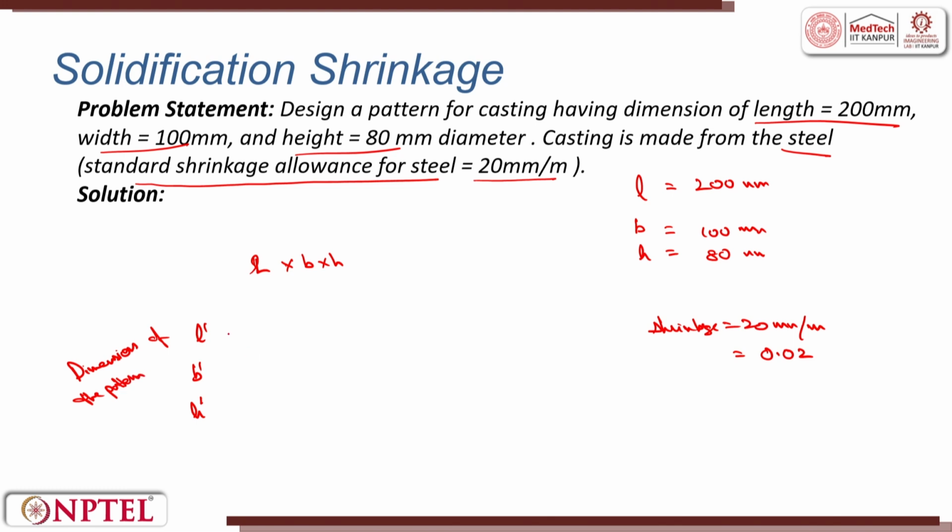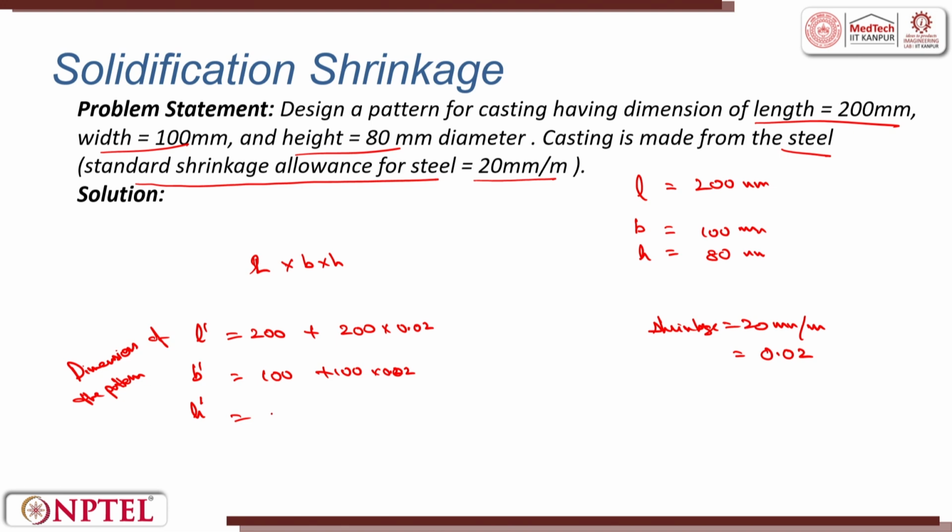So, L dash would be the size that is required plus the shrinkage compensation, that is 200 plus 200 into 0.02. Similarly, B dash would be the size plus the compensation.